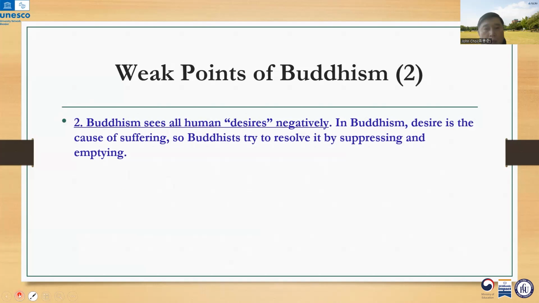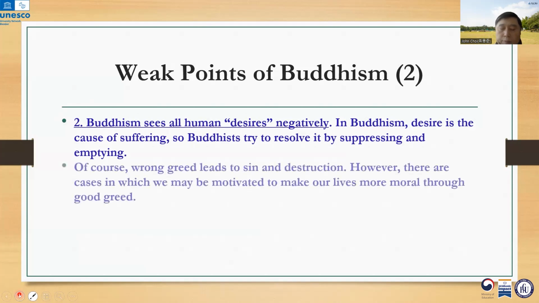Buddhism sees all human desires negatively. So in this worldview, desire is the cause of suffering. So they try to resolve it by suppressing and emptying. Of course, wrong greed leads to sin and destruction.